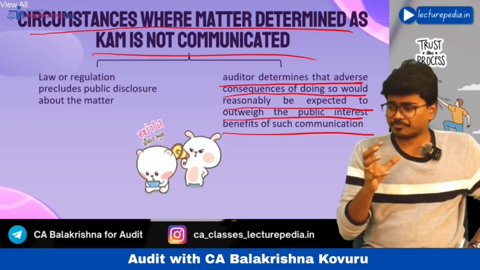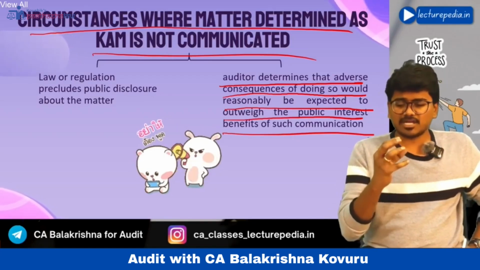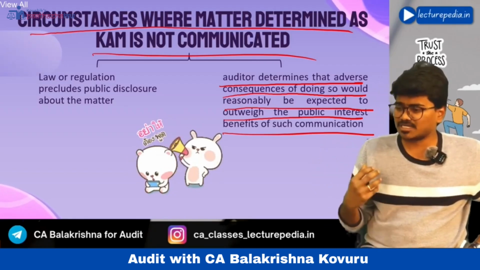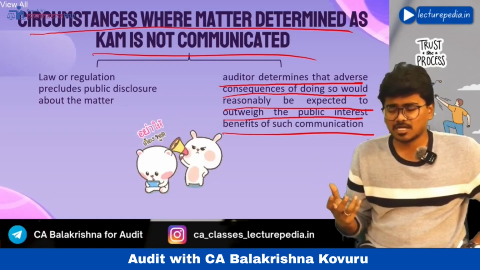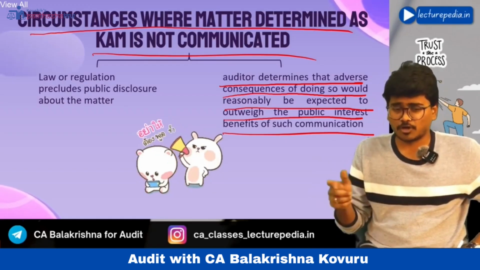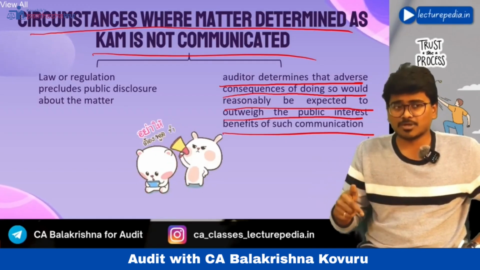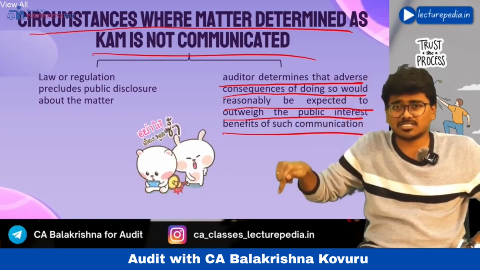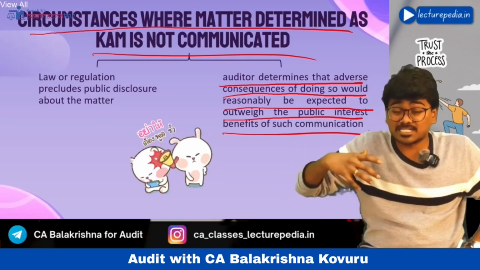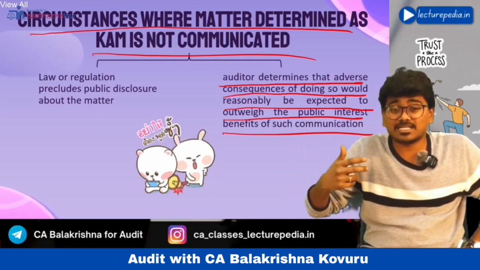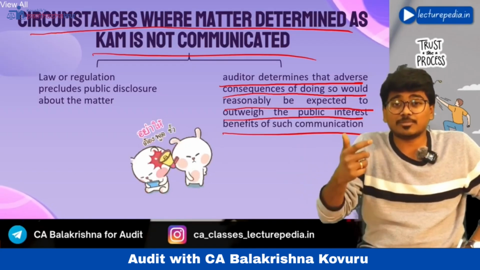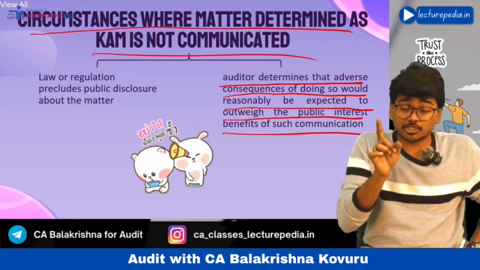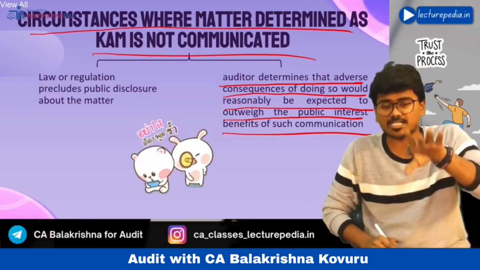the entity has developed a formula with respect to a certain medicine. Now the auditor considers this as a key audit matter. If the auditor communicates about this formula in his audit report, this formula will be leaked to all the people, right? So this will cause loss to the entity. So here the adverse effect of communicating the key audit matter is more when compared to the benefit of communicating it. So the auditor should not communicate the key audit matter even though it is a key audit matter.